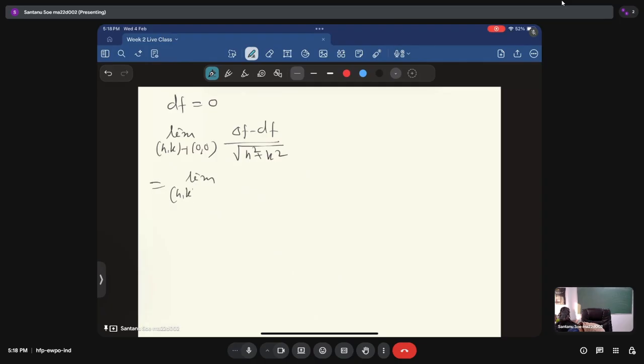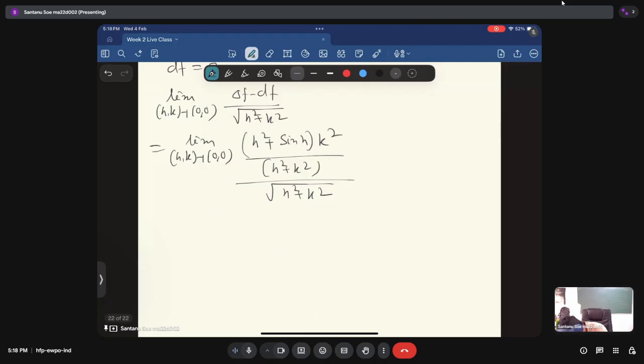the limit as (h, k) tends to (0, 0) of (h square plus sine h into k square) divided by (h square plus k square) into the square root of h square plus k square, and this is the same as the limit of (h square plus sine h into k square) divided by (h square plus k square) to the power 3 by 2.